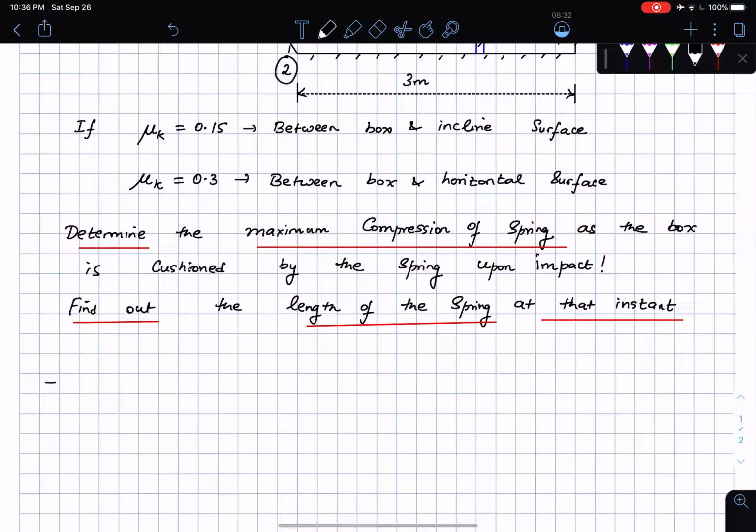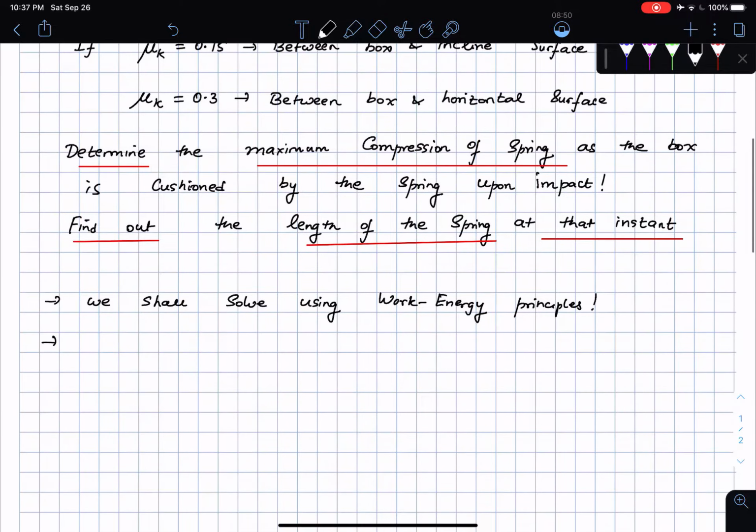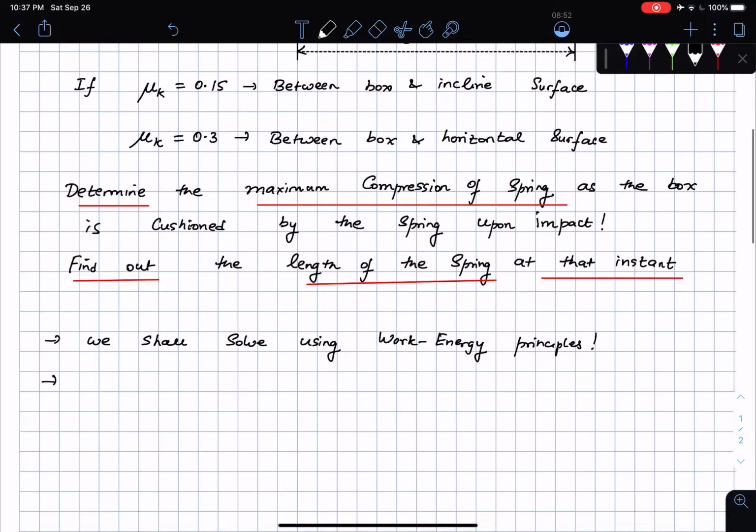The basic idea is that I'm going to use the work energy theorem for this particular problem, so we shall solve using work energy principles. One thing to keep in mind is that because of the kinetic friction, energy is not conserved.